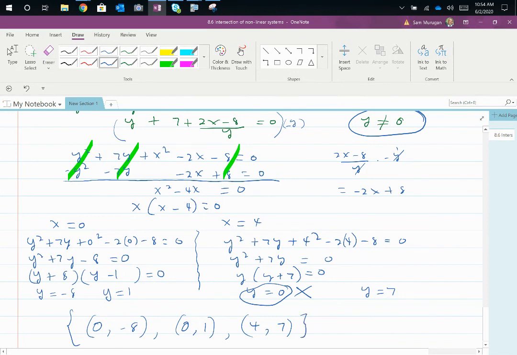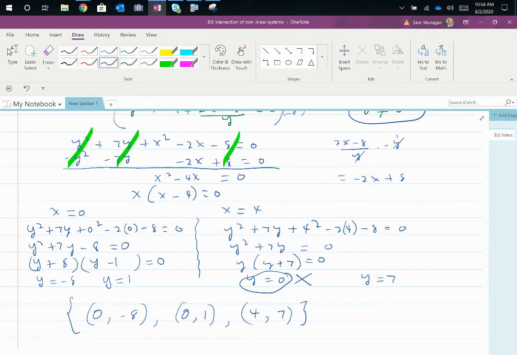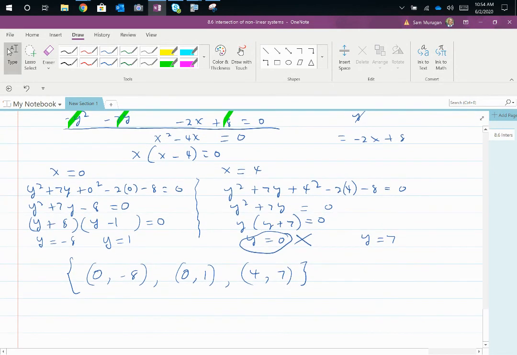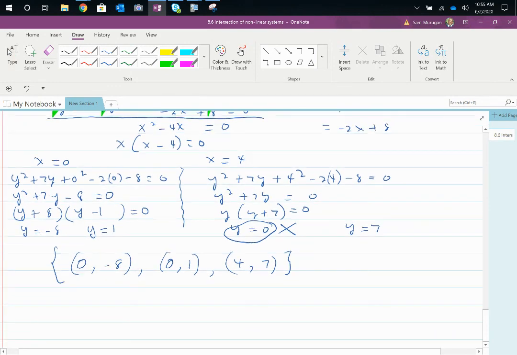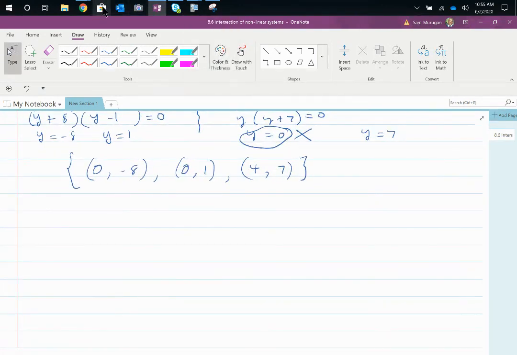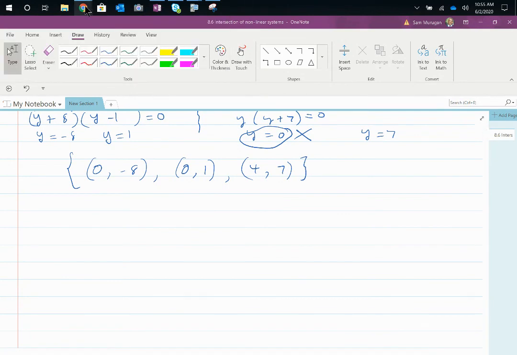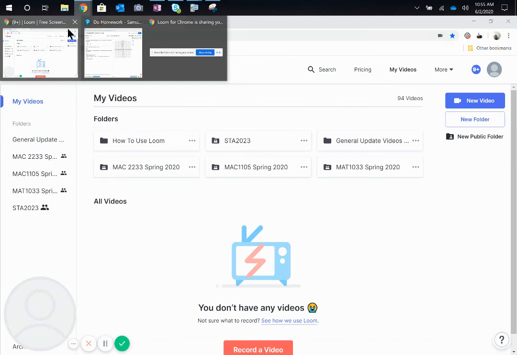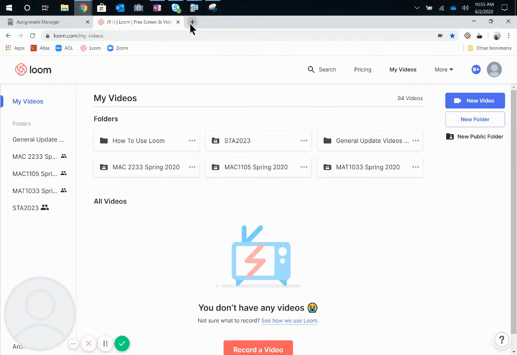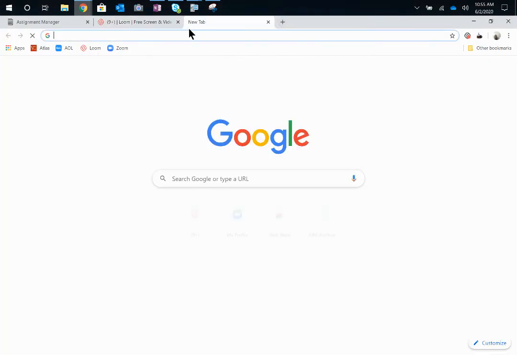Now this graph is one of those that you cannot do with the TI-84. You would have to do it with, say, Desmos graphing. I'm going to graph it for you and show you the graph of it. So I would go to the Desmos program, Desmos graphing.